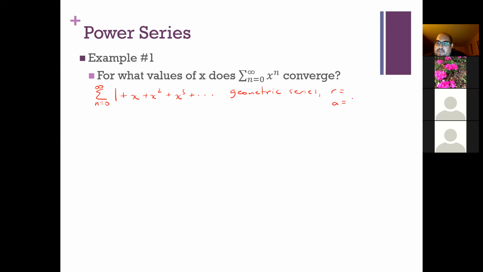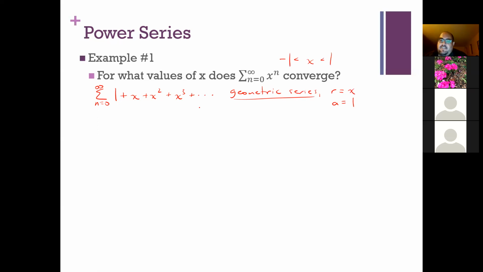But what's our common ratio going to be? x. It's x. Since we already recognize this geometric series, we should already be able to answer that question. For a geometric series to converge, I need the r value to be between -1 and 1. So that means for this to work, I need x to be between -1 and 1.